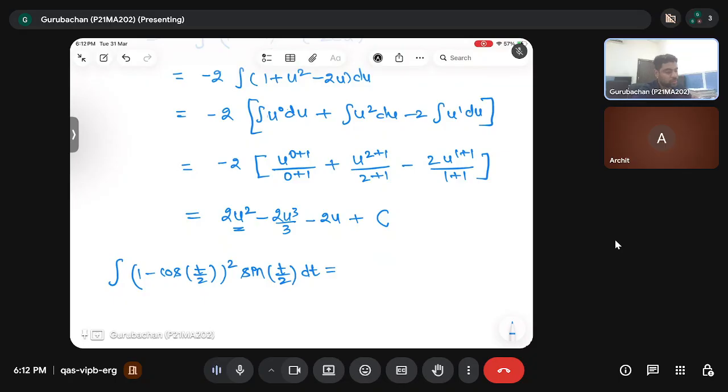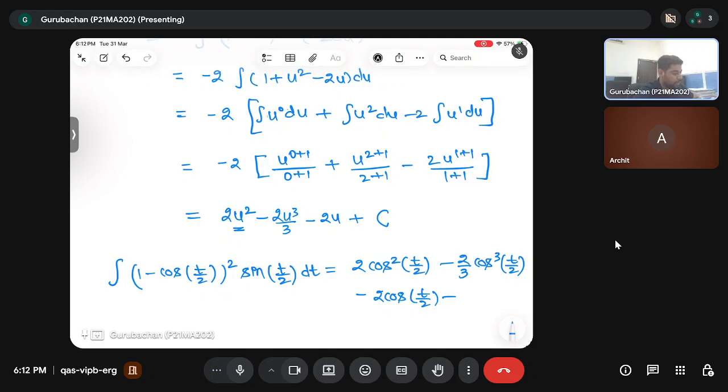What was that? Cos t by 2. So it can be written as 2 cos square t by 2 minus 2 by 3 cos cube t by 2 minus 2 cos t by 2 plus some constant.